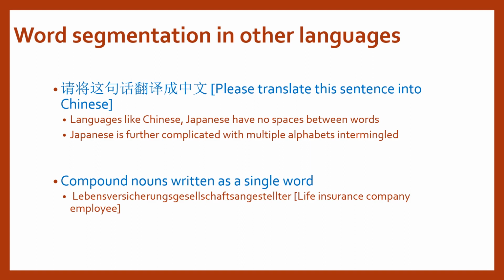To get the meaning of it, perhaps you need to break it into the respective constituent words, and then you can do further processing. So now the question is how you are going to do the segmentation in such cases. That puts another challenge for such languages.